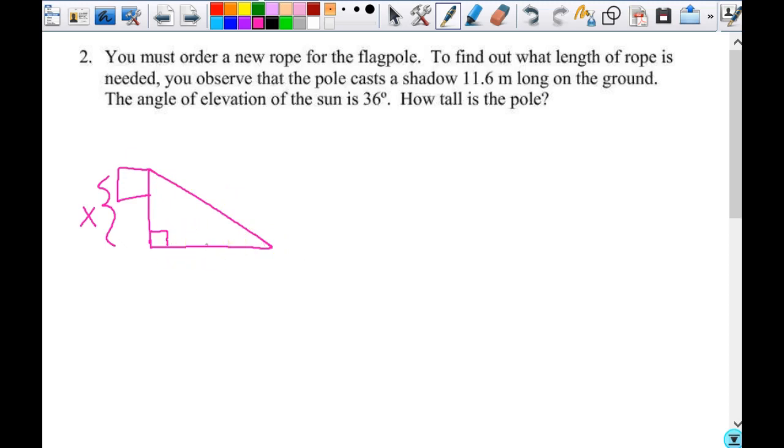It amazes me that we have no clue where a shadow goes. I'm making a shadow on the board right now, but nothing. Right. So this is my shadow. It's 11.6 meters long.